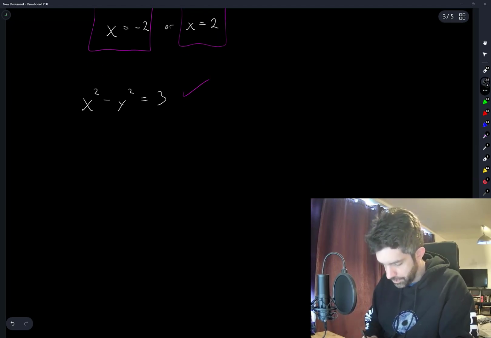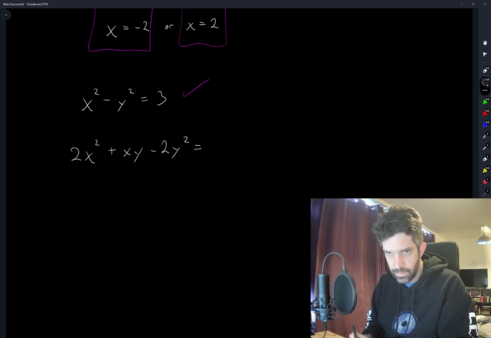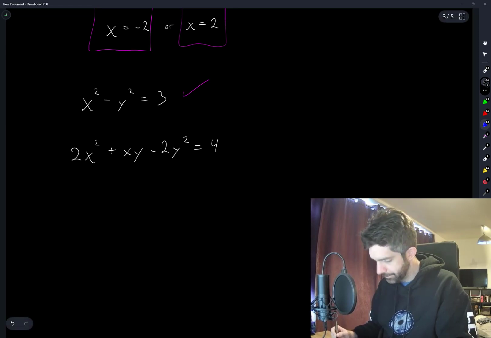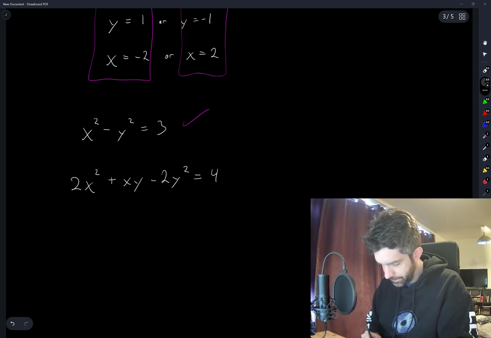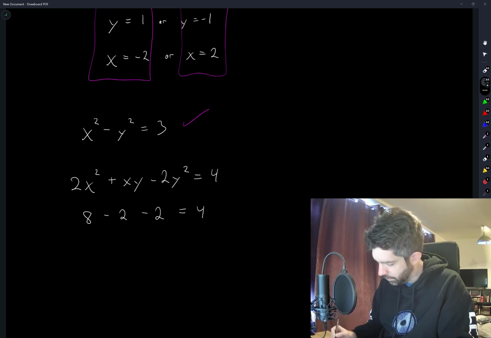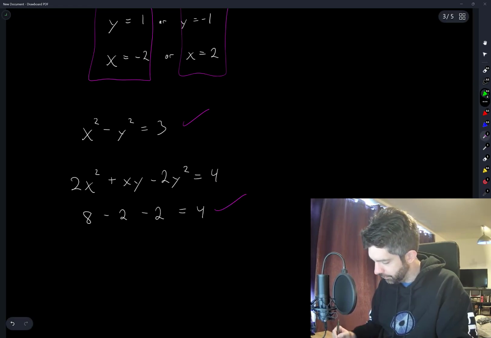And let's look at the other expression, 2x squared plus xy minus 2y squared is equal to 4. Okay, so if I make the substitutions, here I'll have 8 minus 2 minus 2, which is in fact equal to 4. And so that's also satisfied.